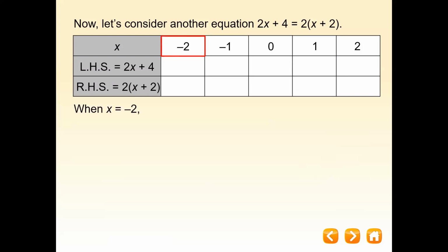We start from left. When x equals to -2, left-hand side equals to 2 times -2 plus 4 equals to 0. Right-hand side equals to 2 times bracket -2 plus 2 equals to 0.